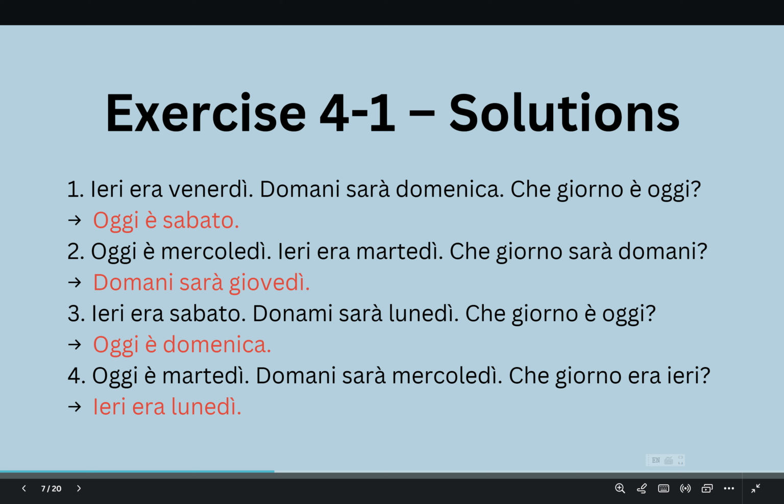Oggi è martedì. Domani sarà mercoledì. Che giorno era ieri? Ieri era lunedì.